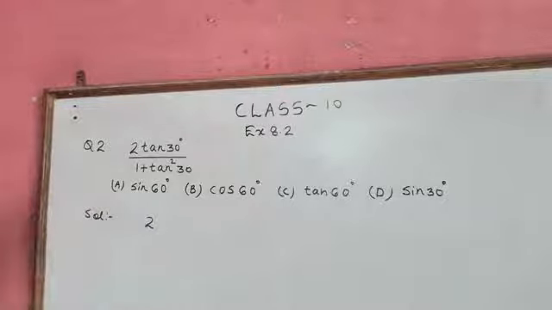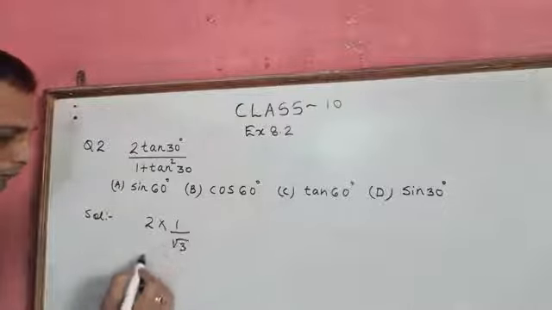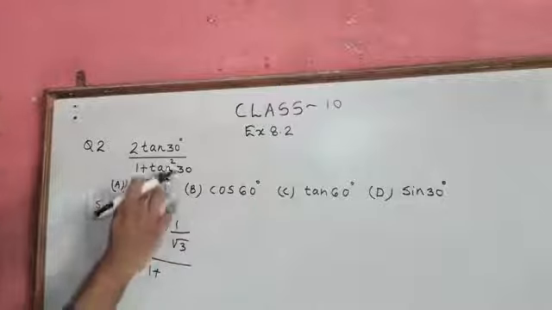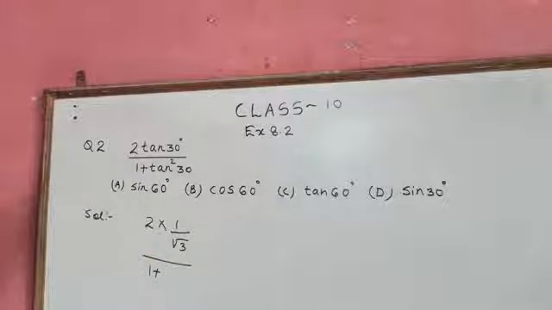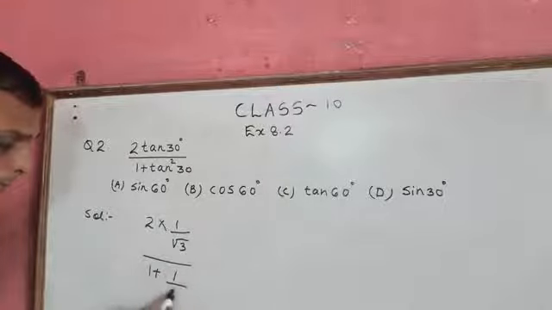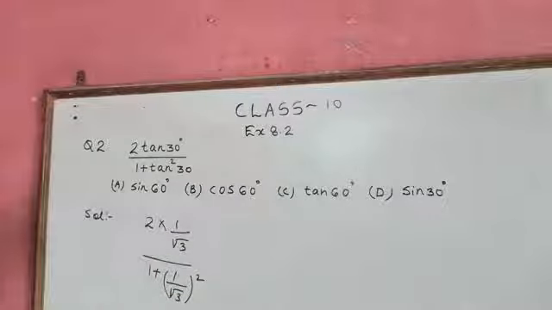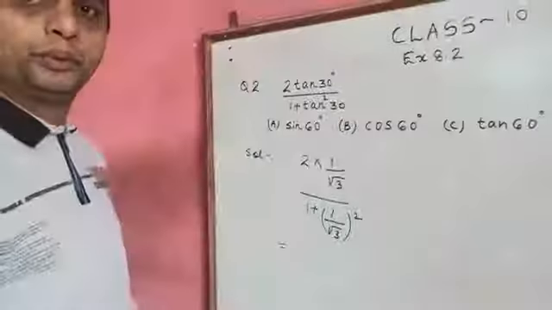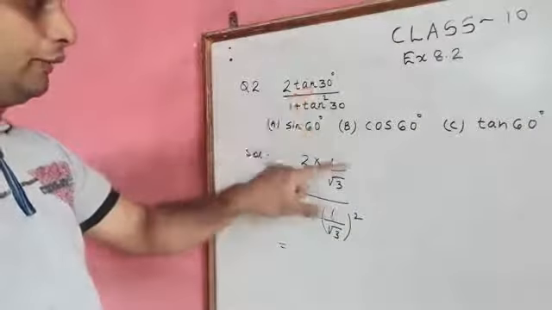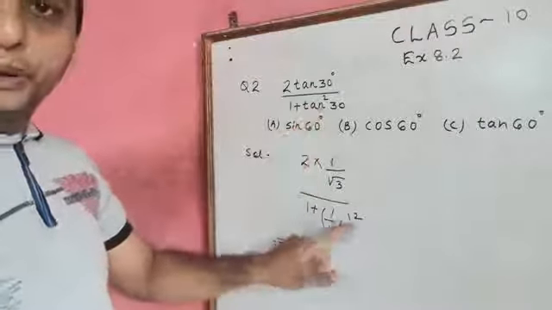2 tan 30 is 2 times 1 upon root 3, upon 1 plus tan square 30. Tan 30 is 1 upon root 3 only, and we have to put the square on this. So it is equal to 2 times 1 upon root 3 upon 1 plus 1 upon root 3, whole square.